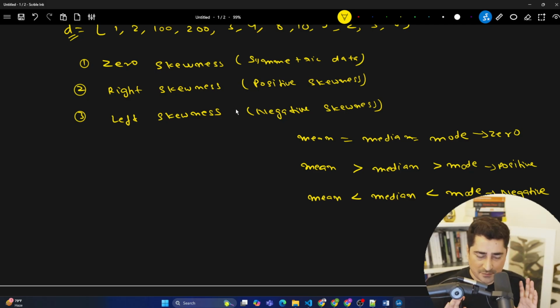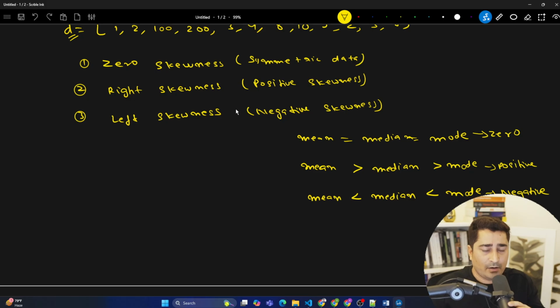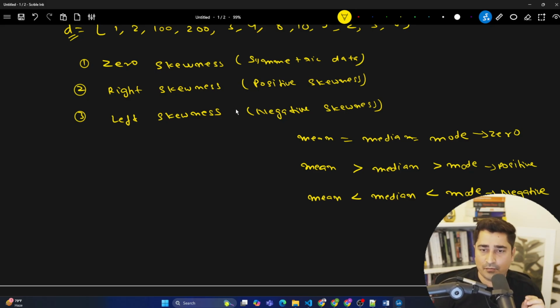So this is just a theory. This is just an analogy as of now, and we are not aware about any of these things so far. We are just aware about how to find out mean, median, and mode. And here is a data set which is given to me.